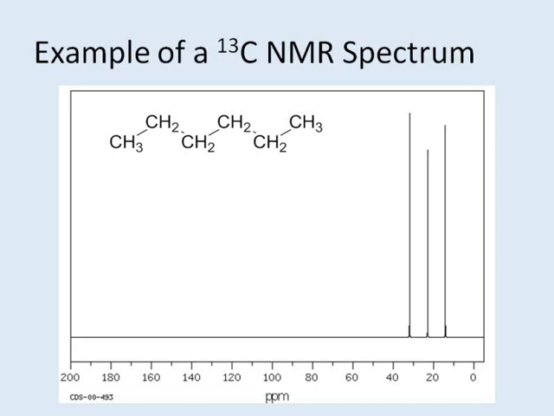Hexane contains 6 carbon atoms, however its carbon-13 NMR spectrum has only 3 peaks. Why is this? Hexane is a symmetrical molecule, as indicated by this red line of symmetry. Consequently, the CH3 groups at either end of the molecule occupy chemically equivalent environments.